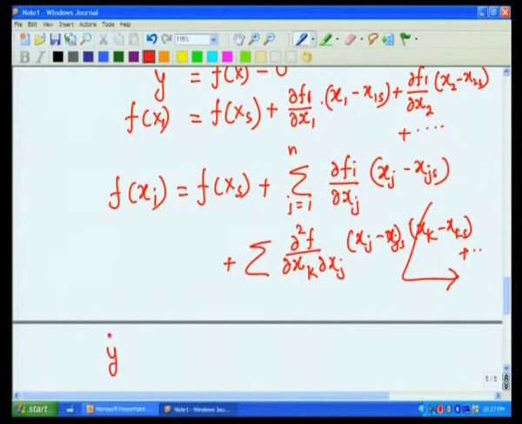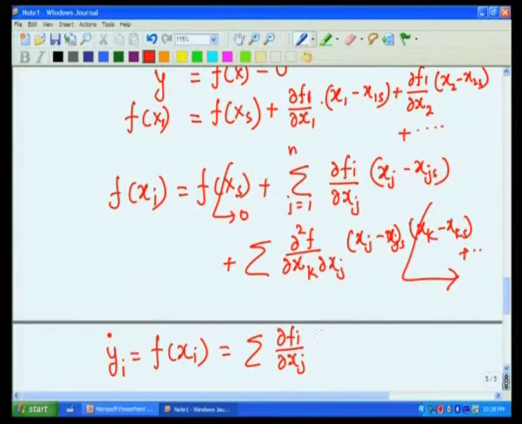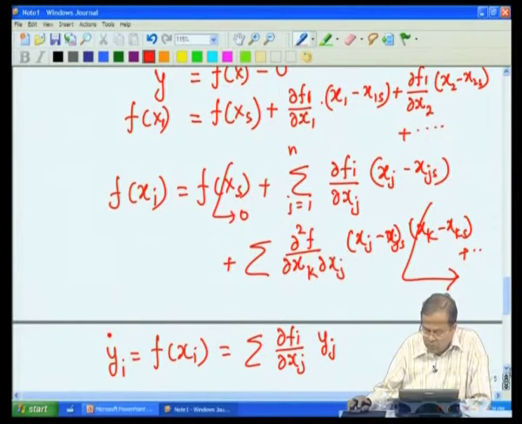So, that would be y dot equal to, this has gone to 0, or if I want to write y_i dot for example, that will be f of x_i, which will be summation del f_i del x_j, and x_j minus x_j s is nothing but y_j, right.